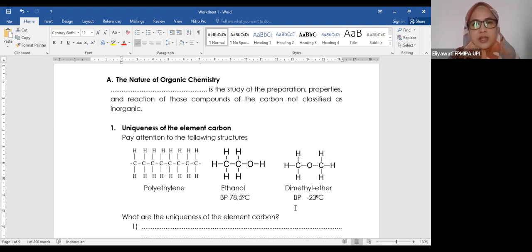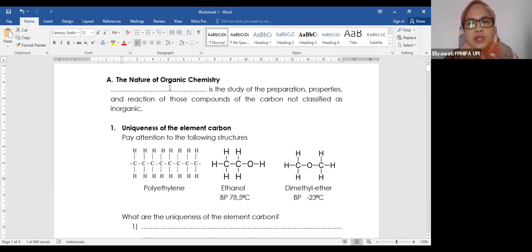And in the introduction here, I ask you to guess. It's so easy, right? The study of preparation, properties, and reaction of those compounds. I mean this one, the compounds of carbon not classified as inorganic. So what's the answer?